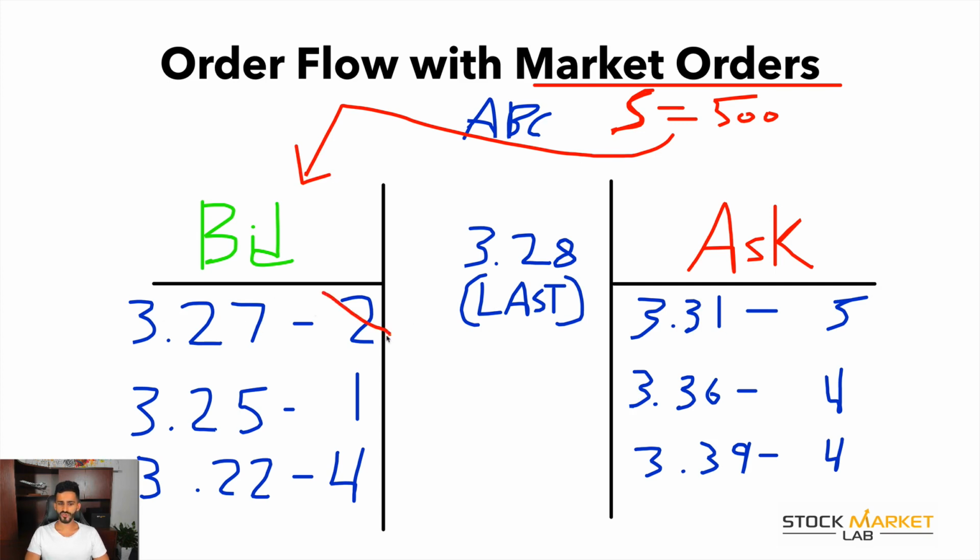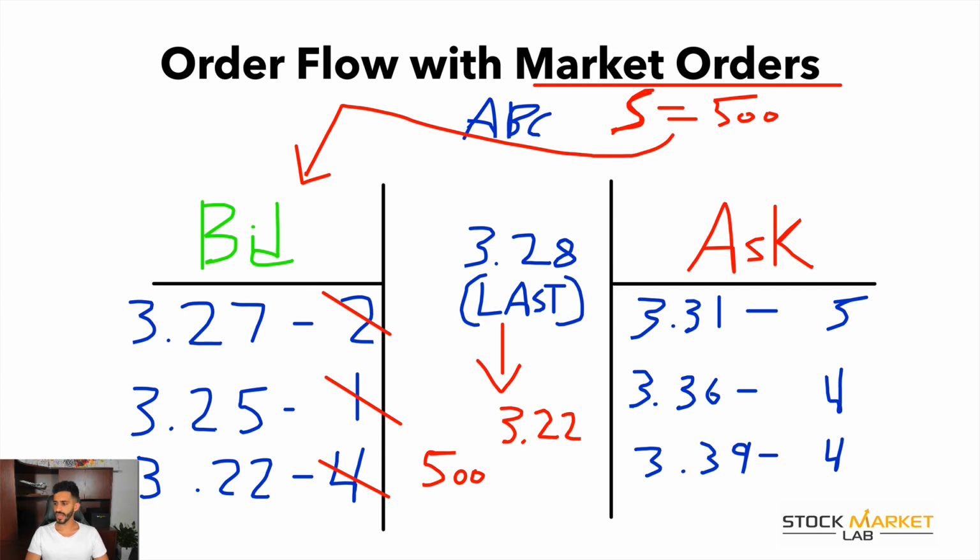So I get 200 from here, 100 from here, and 200 from here, which gives me a total sale of 500 shares, and takes the last price to 322. That's the simple version of the order flow with market orders.